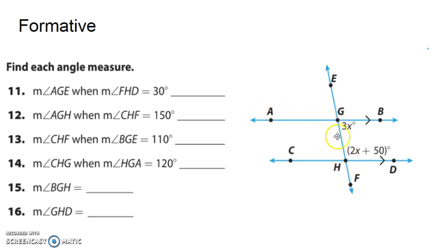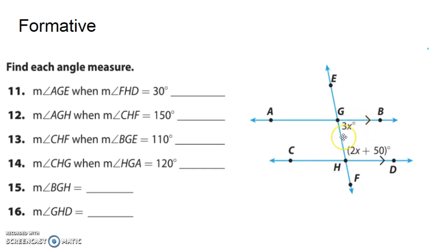Well, if this is 120, we know 120 plus whatever this is needs to equal 180. So this would be 60. Then they want the measure of BGH. This one right here. So if this one's 60, we know this is 60.